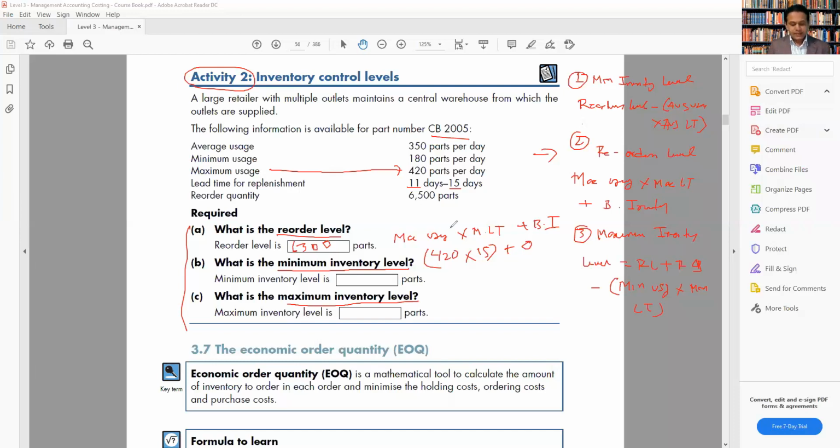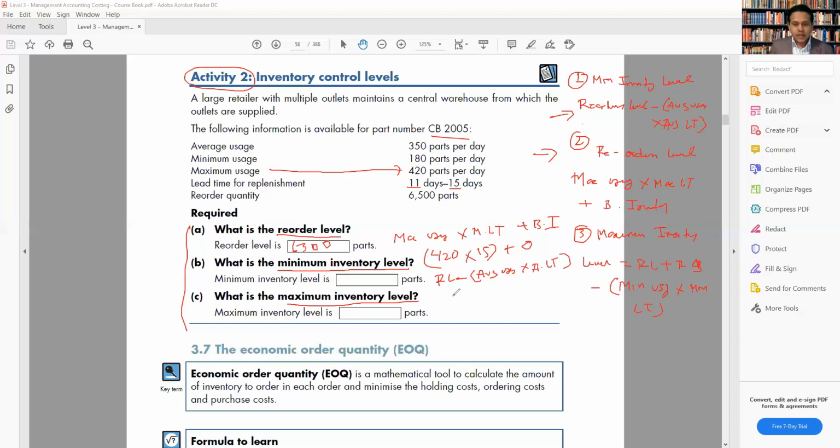The next one we have, that is minimum inventory level. So we need to know the formula, minimum inventory level. So we can see this formula, the first one is reorder level, then minus average uses, then times average lead time.